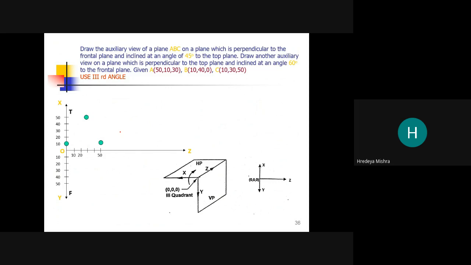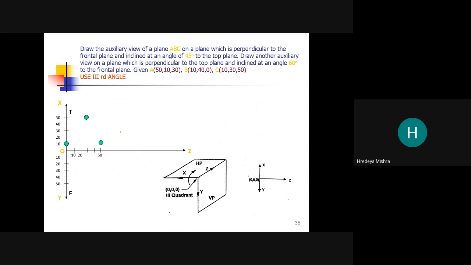So draw the auxiliary view of a plane ABC on a plane which is perpendicular to the frontal plane and inclined at an angle of 45 degrees to the top plane. Draw another auxiliary view of a plane which is perpendicular to the top plane and inclined at 60 degrees to the frontal plane.